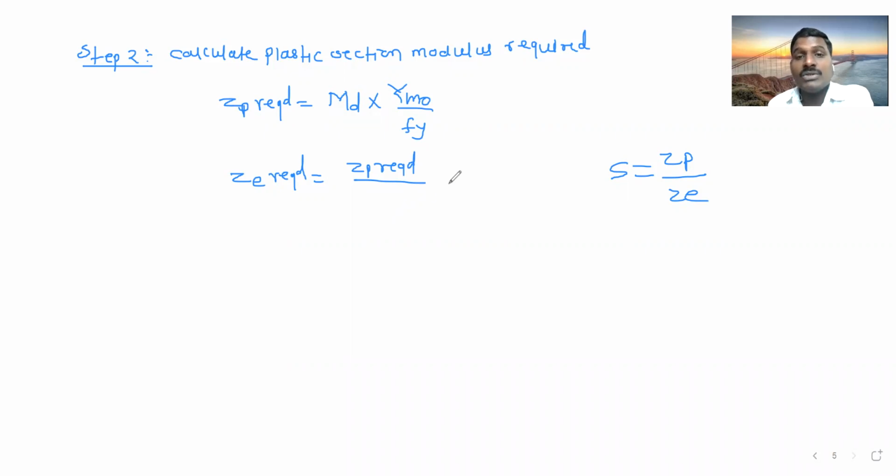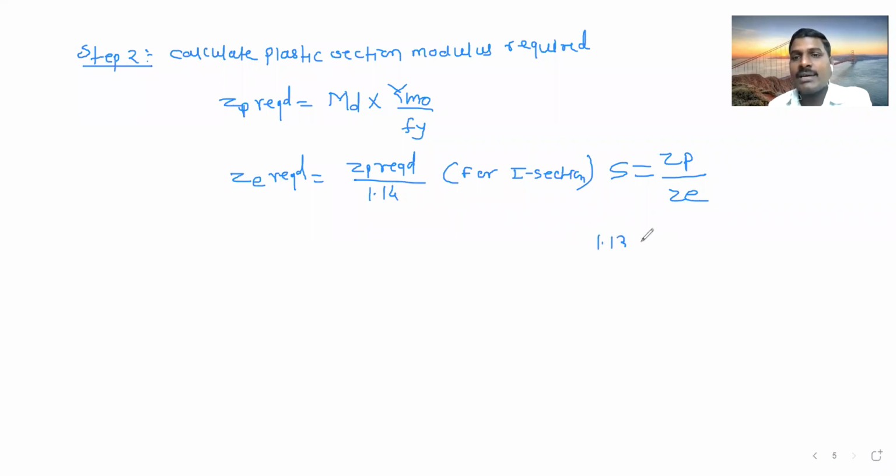So generally we are using an I section for a beam. So the shape factor for an I section we have written as 1.14 or 1.13.